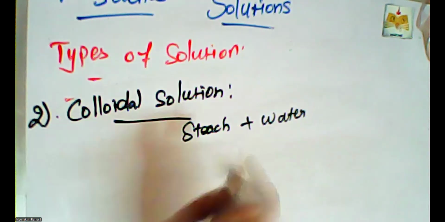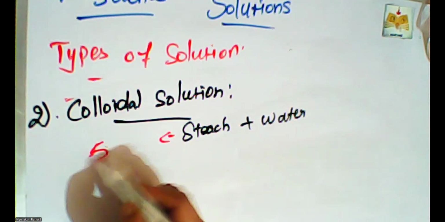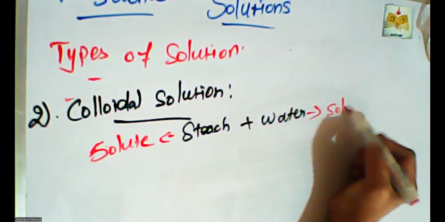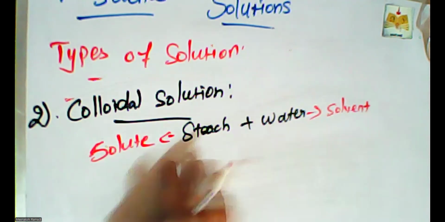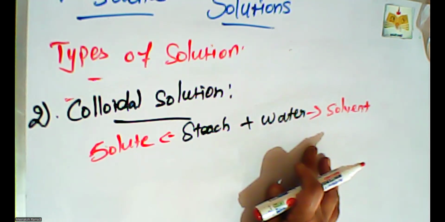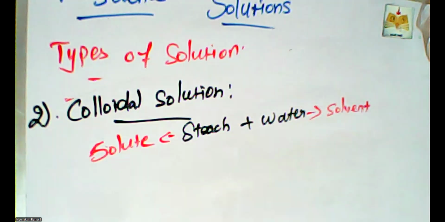So starch is the solute, and water is the solvent. Is the solute completely dissolved or not? Now we are going to verify, because the solution is not clear in nature.